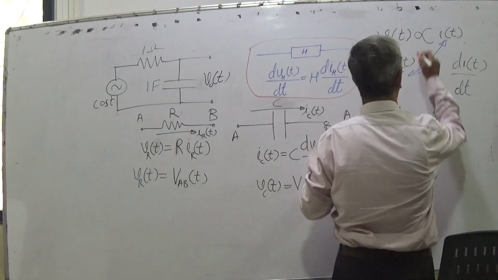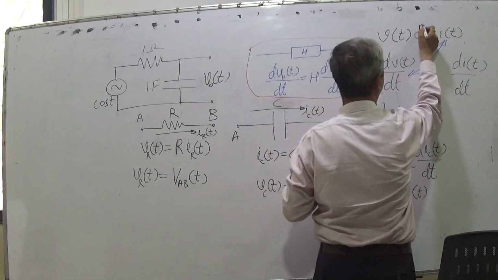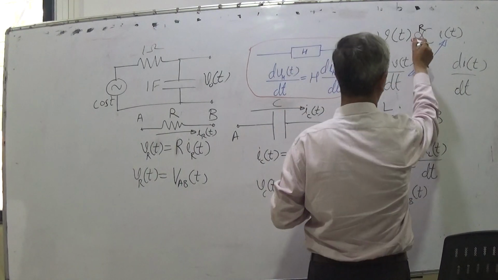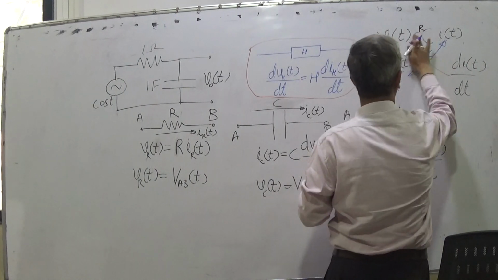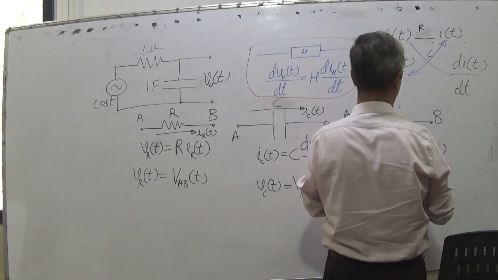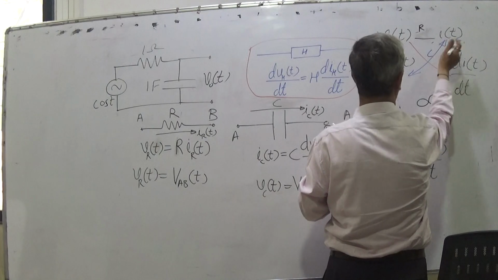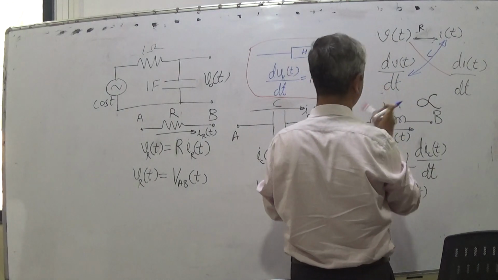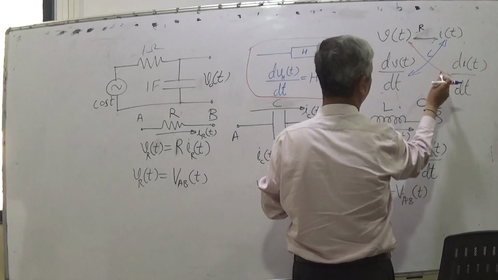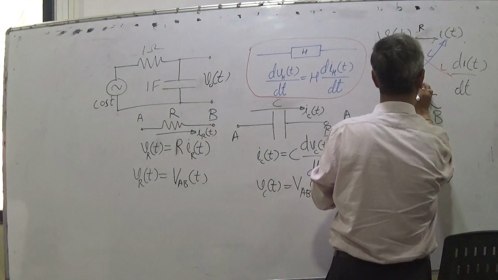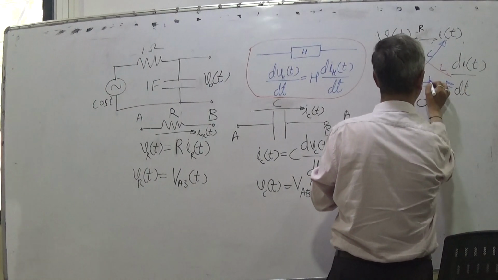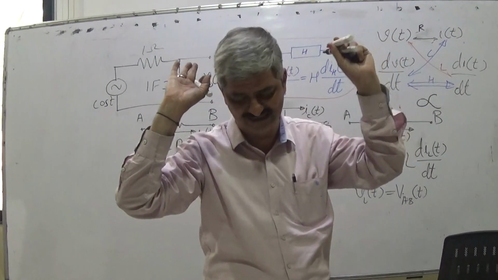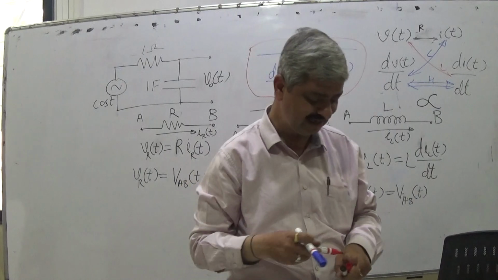This is R, this is C, and I say this proportionality: direct R, this way C, direct quantity R, one way differential C, other way differential L, and this H. Is there any scope, any meaning like that, or is it a useless and futile concept? That also you can think of. Then you may proceed.